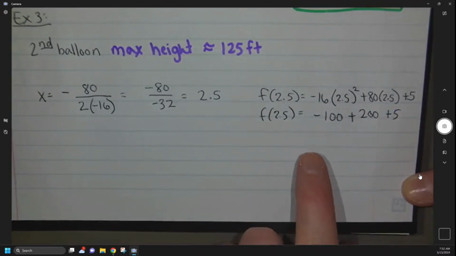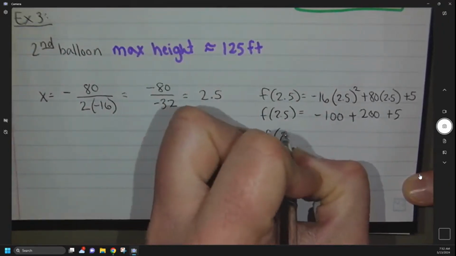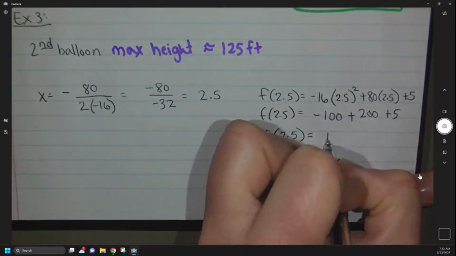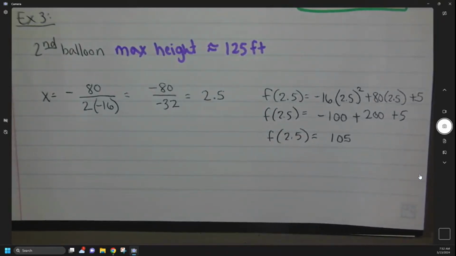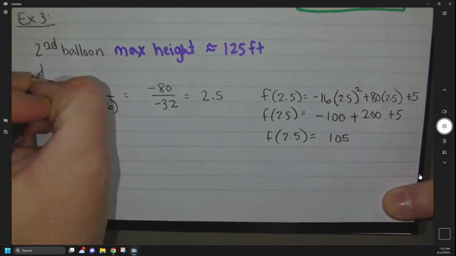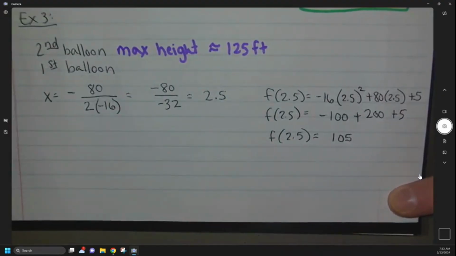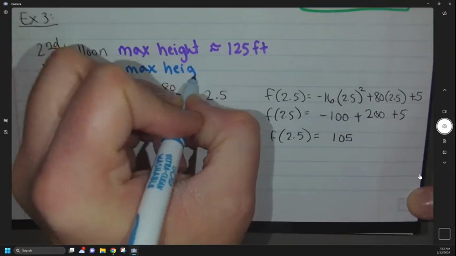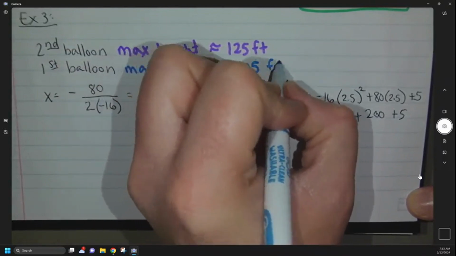So negative 100 plus 200 plus 5 gives us positive 105. So this is saying that for our first water balloon, that max height reached approximately 105 feet.